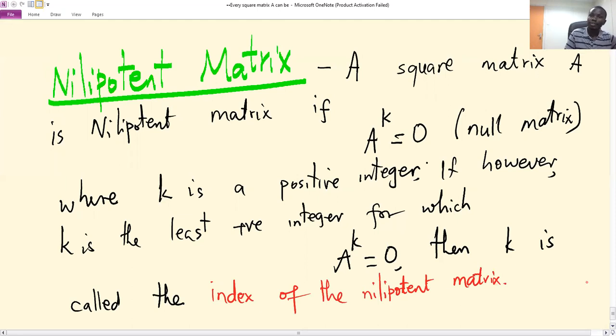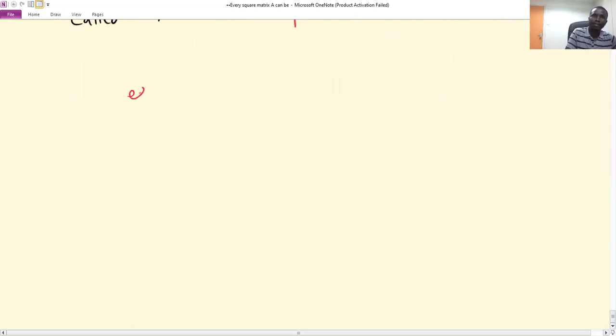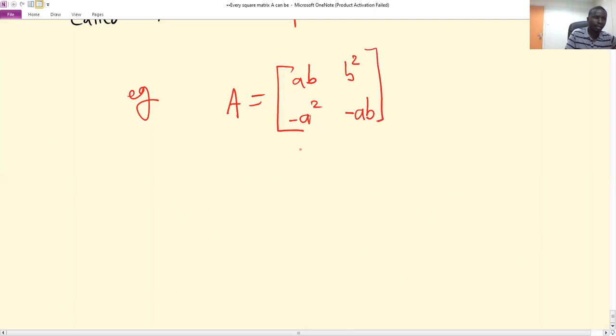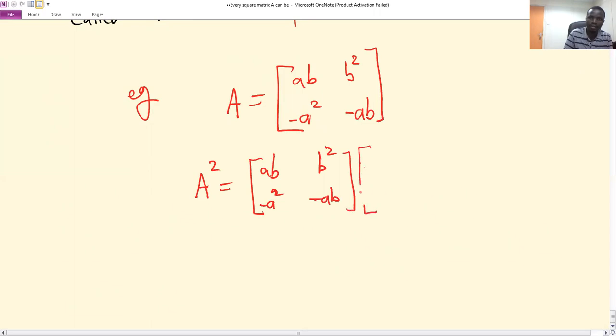So for example, if we have a matrix A given by AB, B squared, minus A squared, minus AB, then A squared will be AB, B squared, minus A squared, minus AB, times AB, B squared, minus A squared, minus AB.